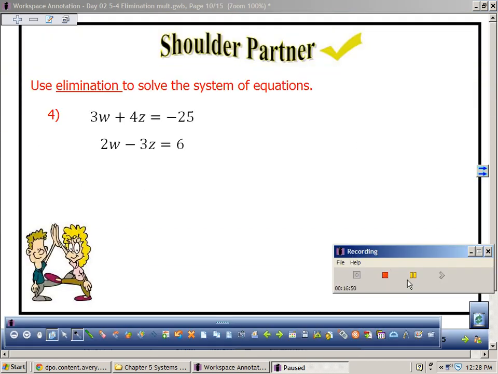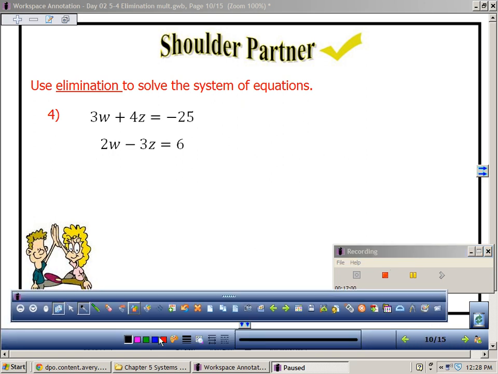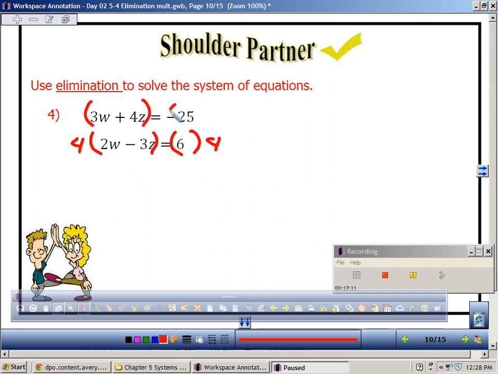Okay, so here I have opposite coefficients, but they don't make a zero pair. So this time I could multiply the bottom equation by 4 and the top equation by what, class? Does it have to be a -3? No, it's by 3.